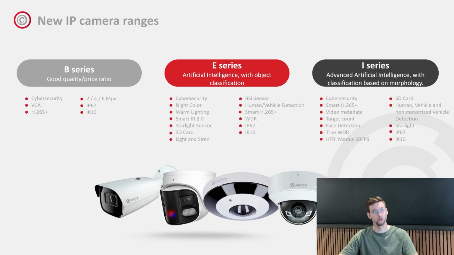And then all the way to the right is the I series. This is the top series with complete advanced AI integrated, with classification based on morphology. So we also have classification by object, which means human, vehicle, or even non-motorized vehicles like bicycles, etc. What we have here in addition is the video metadata, which means analytics.